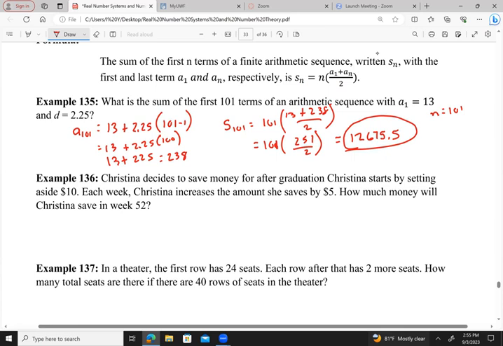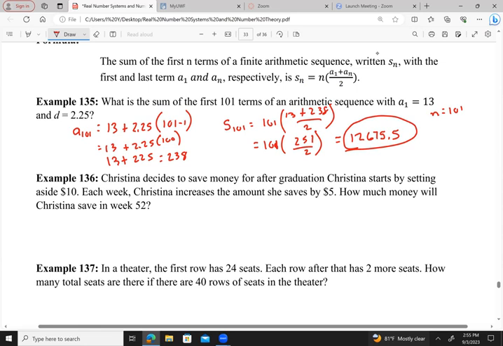Okay, Christina decides to save money for after graduation. Christina starts by setting aside $10. Each week, Christina increases the amount she saves by $5. How much money will Christina save in week 52?